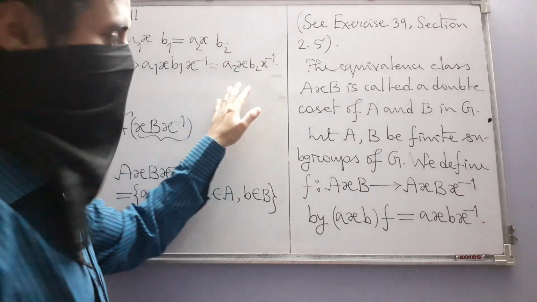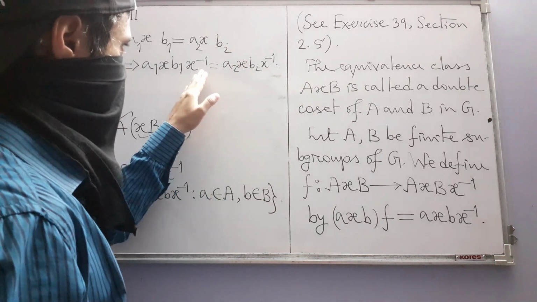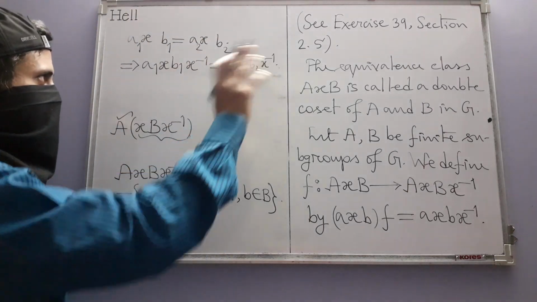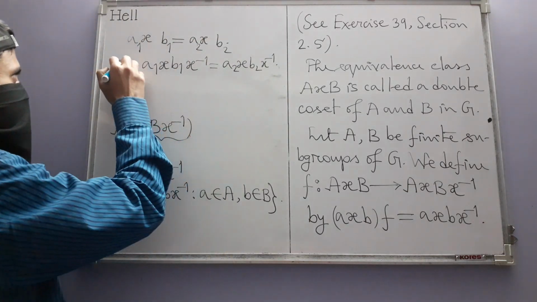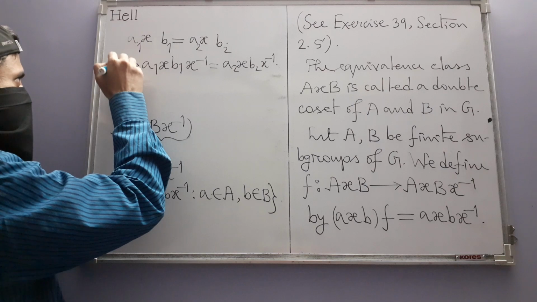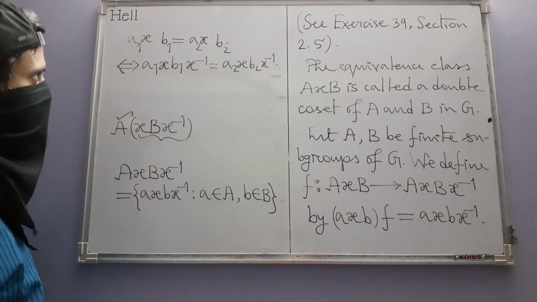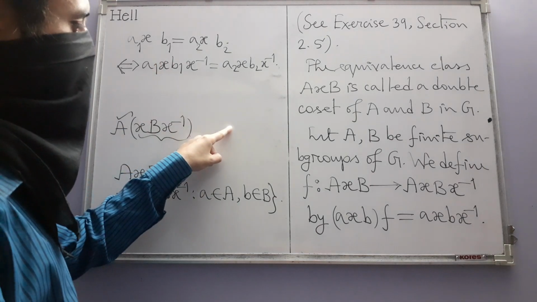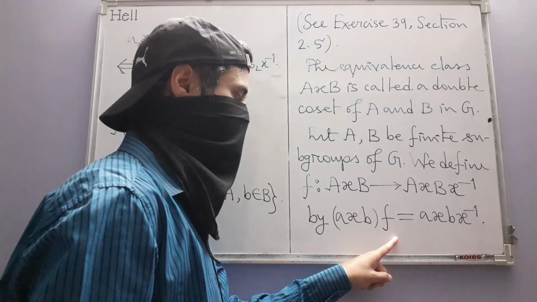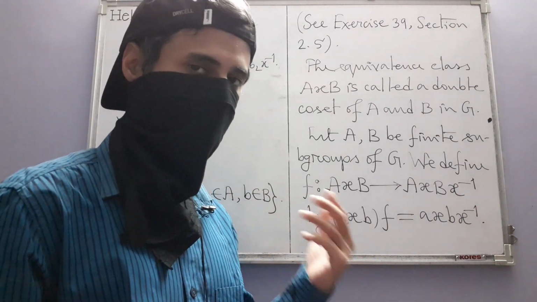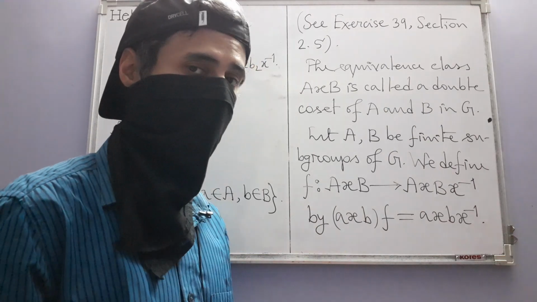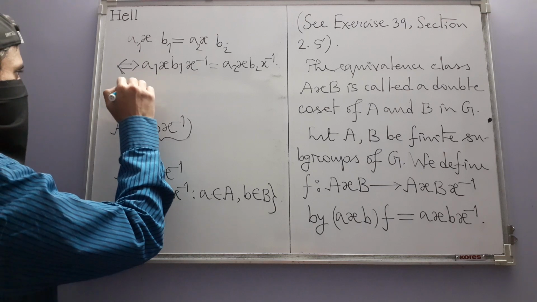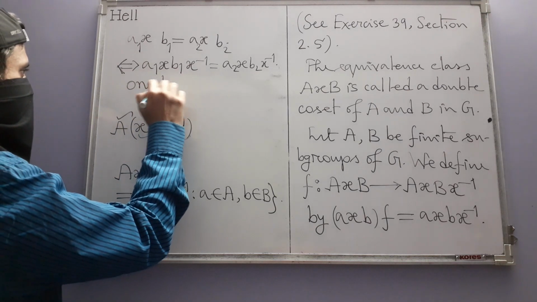Yes, you can, because of the right cancellation law. So this implication is in fact not simply an implication but an equivalence. And that proves that this function, besides being well defined, besides being a legitimate function, is also one-to-one.